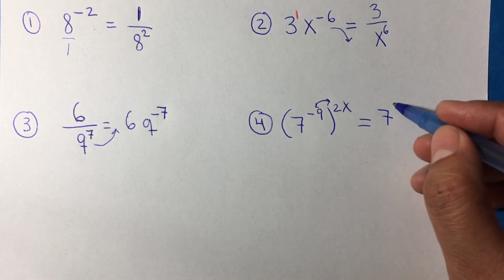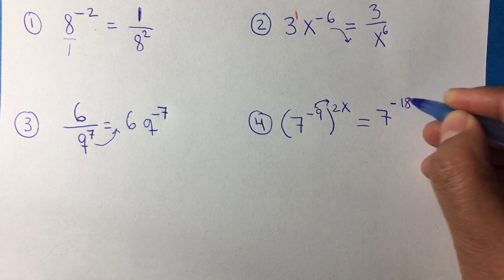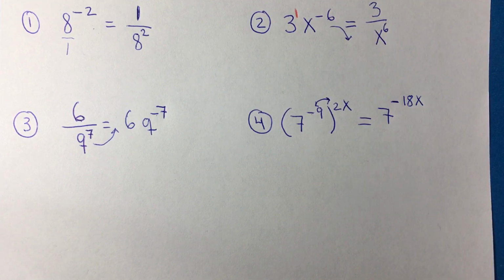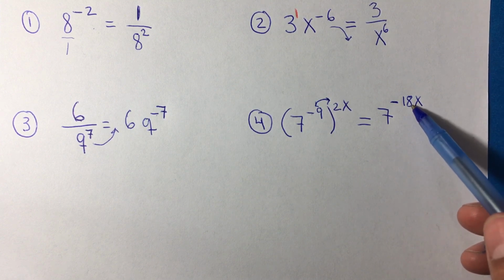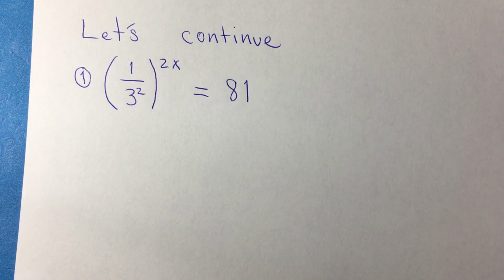Negative times positive is negative. 9 times 2x is 18x. Now, if we were asked to leave it as a positive exponent, then we would send it to the denominator. But since we need it that way, that's how we're going to leave it, because we need it with a base and one exponent. It doesn't matter if the exponent is positive or negative for now.